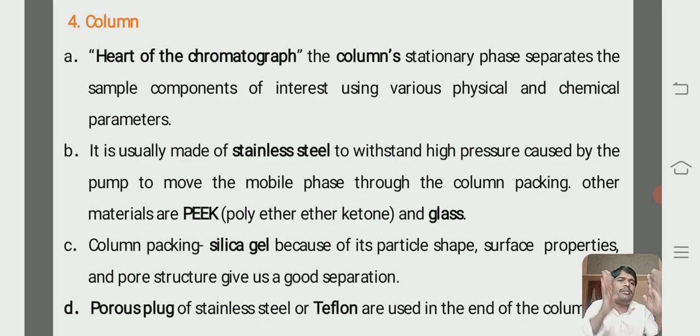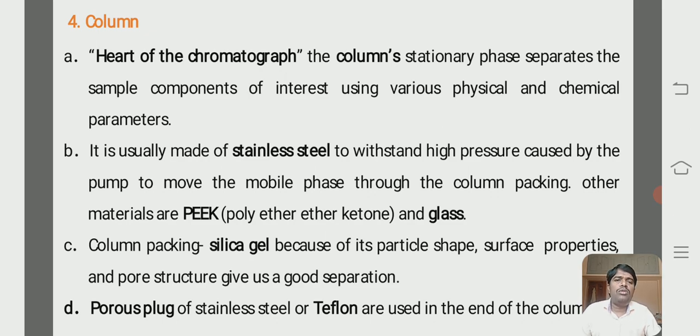The column is usually made of stainless steel to withstand the high pressure caused by the pump to move the mobile phase through the column packing. Other materials in which columns are made are PEEK, which is polyether ether ketone, and glass.